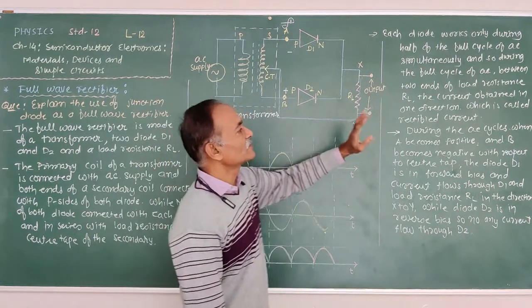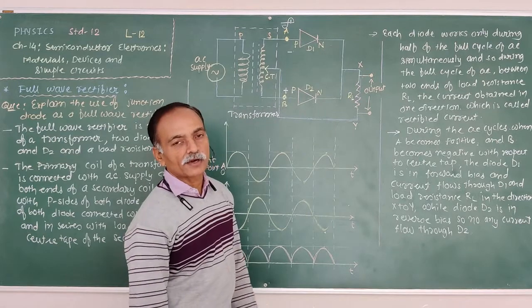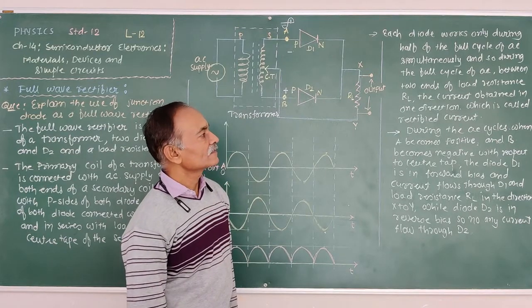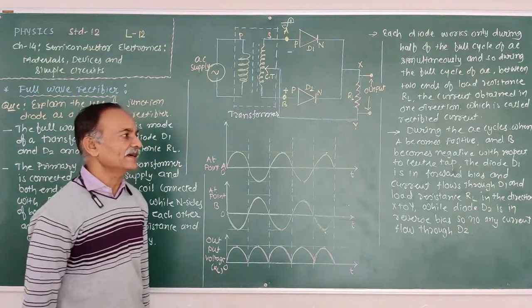The current flows between the two ends of the load resistance RL in one direction, X to Y, and it is known as the rectified current.